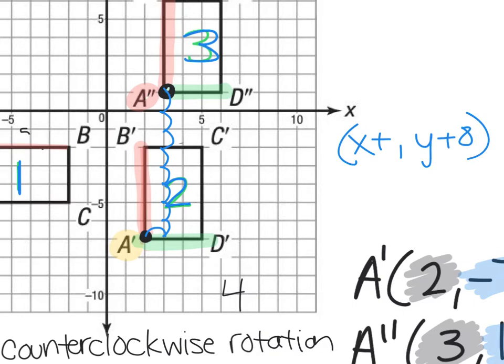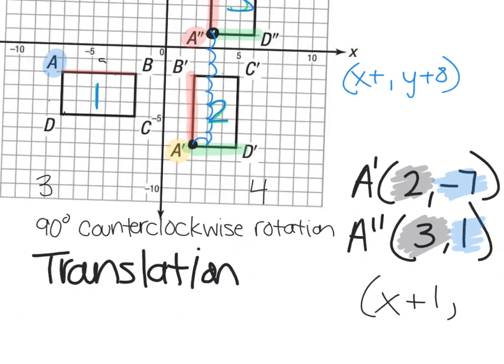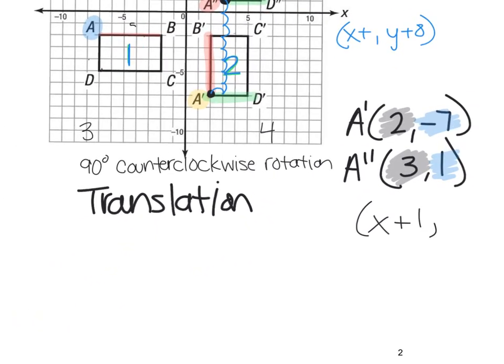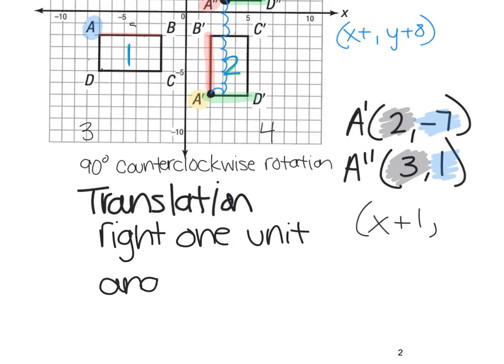Lastly, you could write it as a sentence instead of as a translation notation. So translation, right 1 unit and up 8 units. Either option.